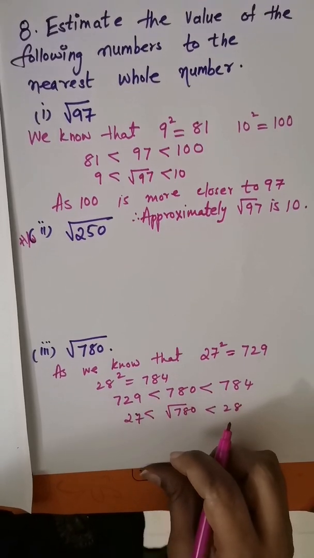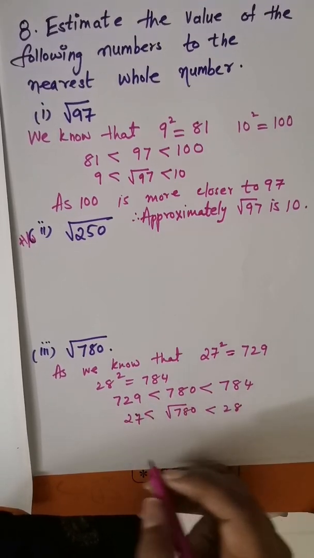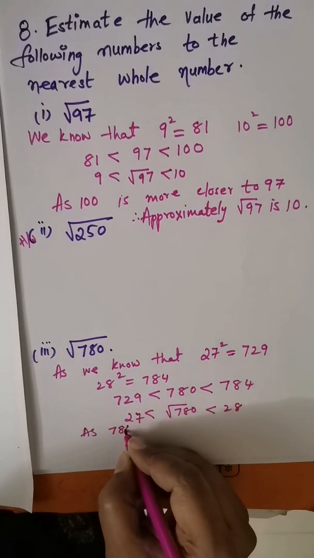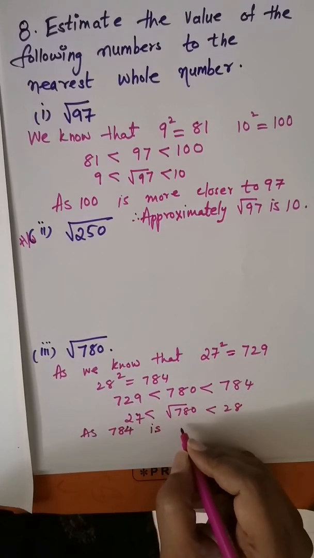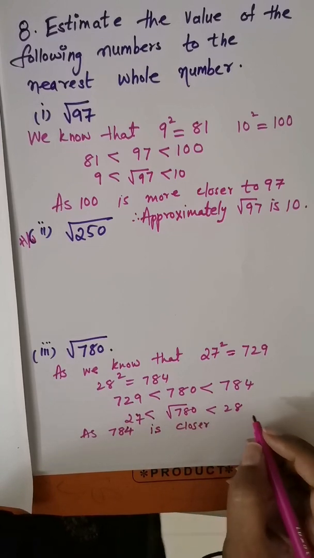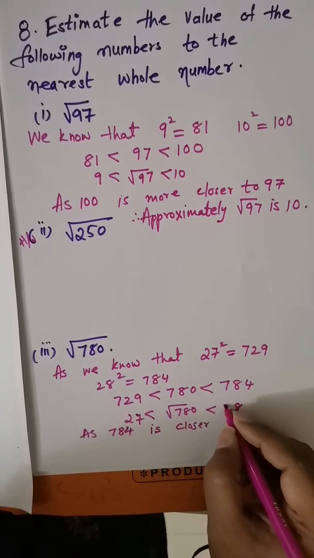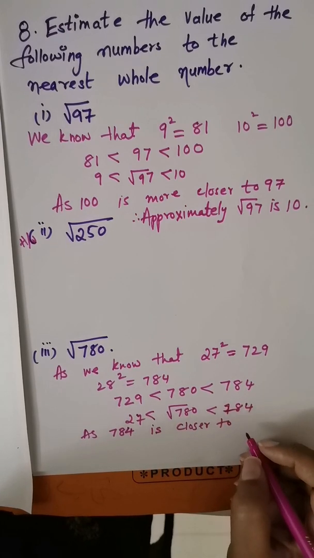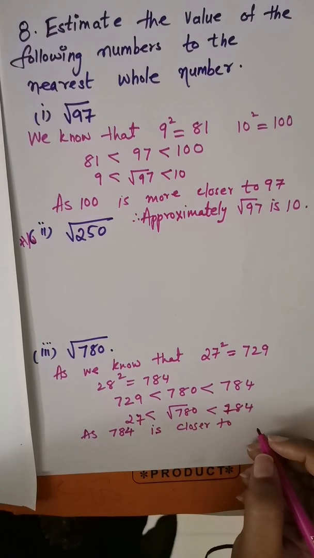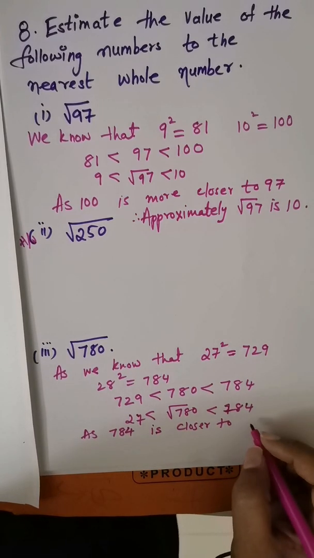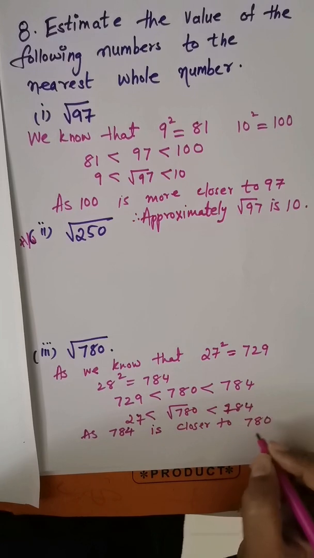But which number is it close to, children? 784 is closer to 780.